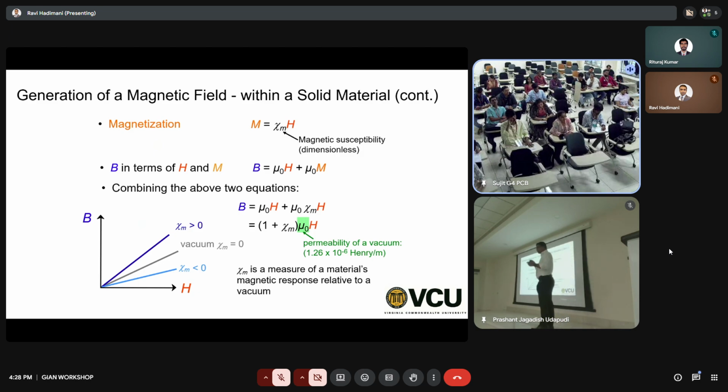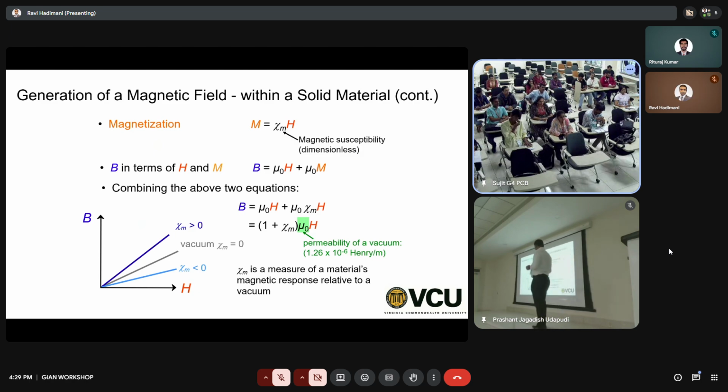Relative permeability is the permeability of a material divided by the permeability of the vacuum, right? So for highly magnetic materials or ferromagnets, the chi value is greater than 0, vacuum chi is 0, and some materials have chi less than 0. So these are three different materials.